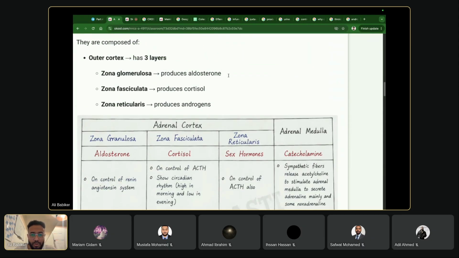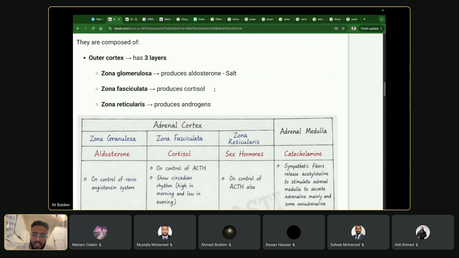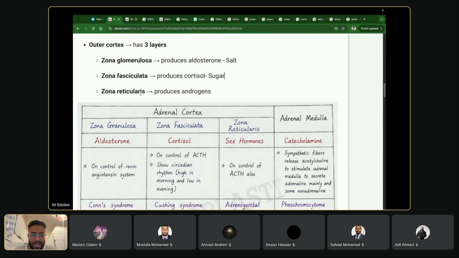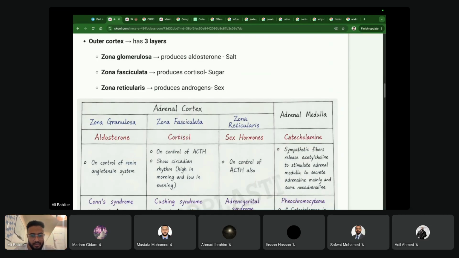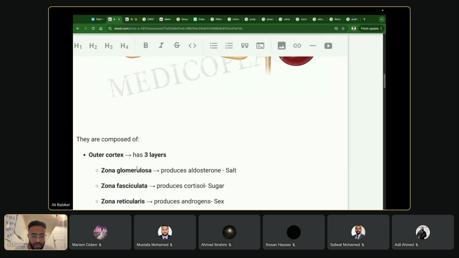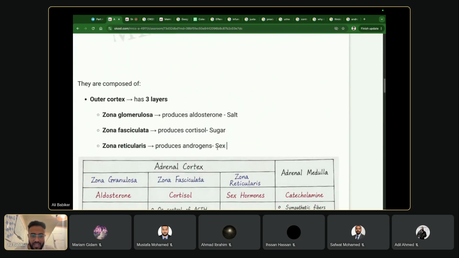So zona glomerulosa produces aldosterone, which affects the salt. Zona fasciculata produces the cortisol, which affects the sugar. And zona reticularis will produce the androgen, which will affect the sex. So this is very superficial, glomerulosa here, and this fasciculata, and this reticularis, and this is very deep.